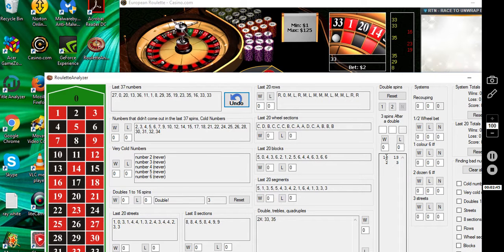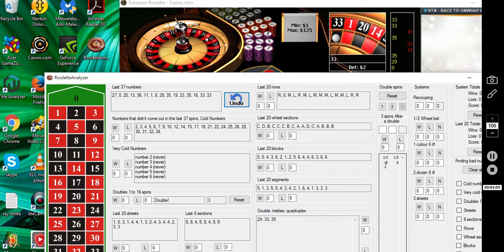So as you see on this 10 and 11 thing up here, that meant that on the 10th spin after the last double was the first time the number that did double came out, and the 13th time after the last double was the second time the number came out to make it a double.